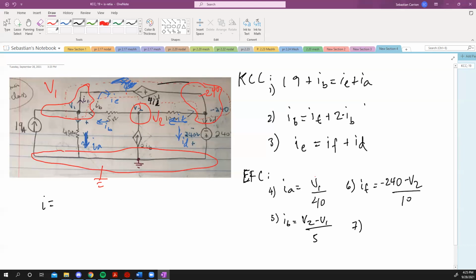But when you look at dependent voltage sources, it's going to be the potential difference across equals whatever parameter times the current ID, which is the current the voltage is referenced with, going across this source.